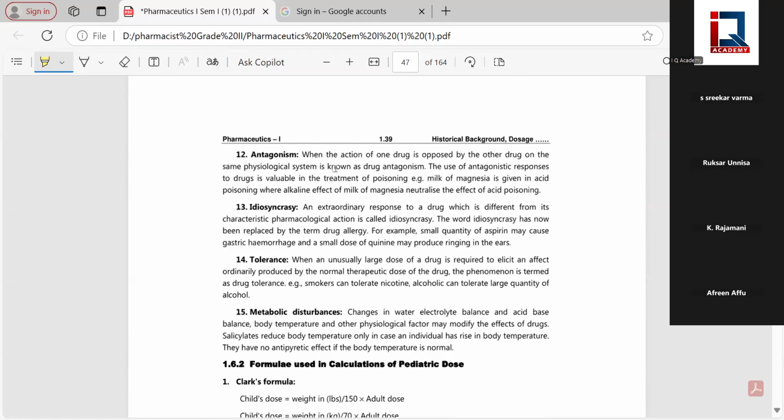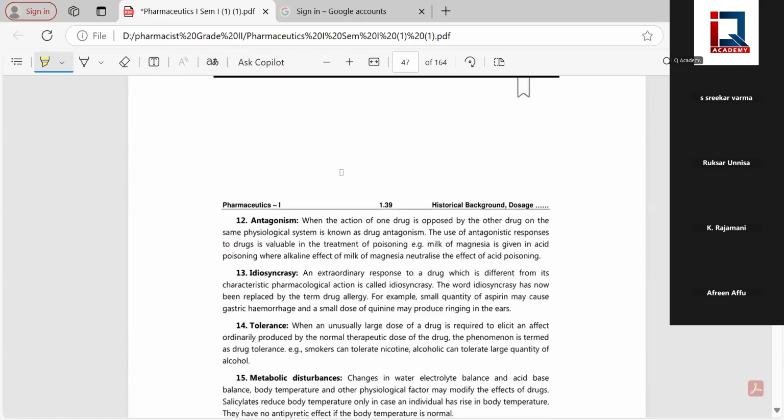And antagonism is the opposite of synergism, right? When two or more drugs are prescribed and one pharmacological effect is opposite to the other. Example, giving acetylcholine and adrenaline, which have two opposite effects. So the effect of the drug can sometimes be neutralized. In many cases this antagonism can be effective and useful also.